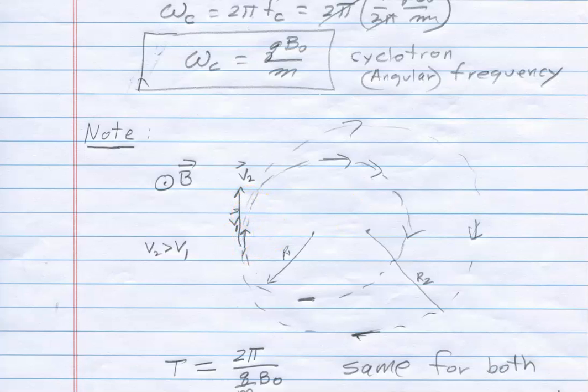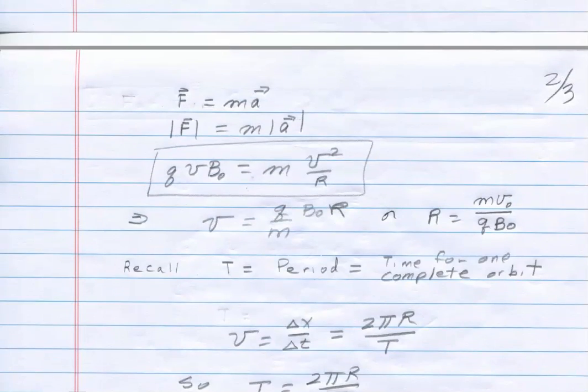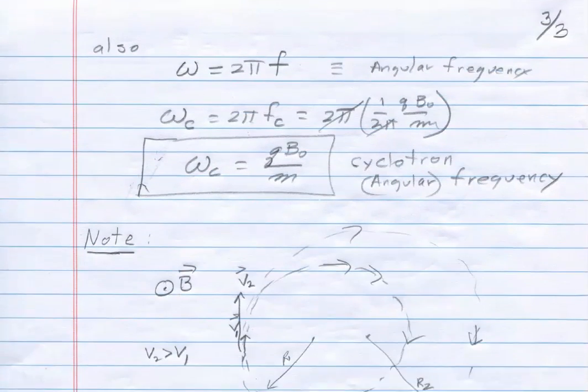If you look at these, the radius is related to the speed. M's constant, Q's constant, same particle, same charge, same field. So the higher the speed, the bigger the radius. And so what I know is this.